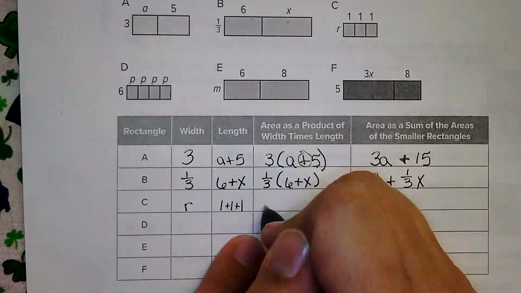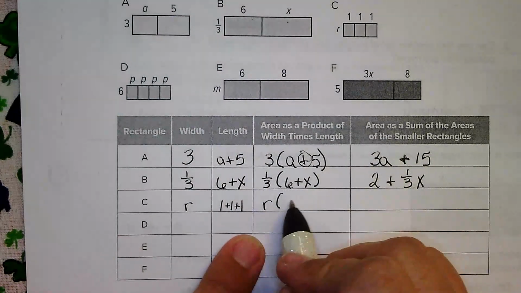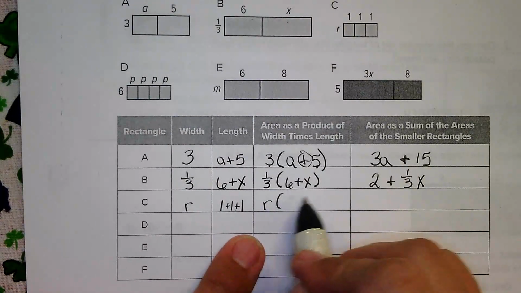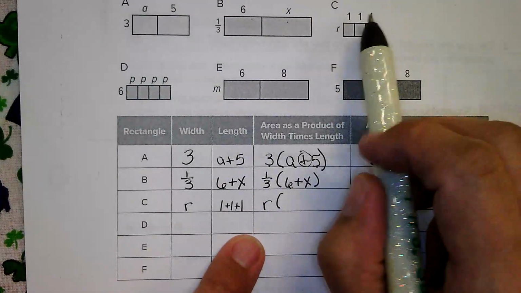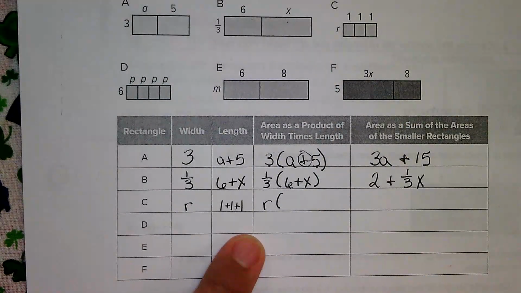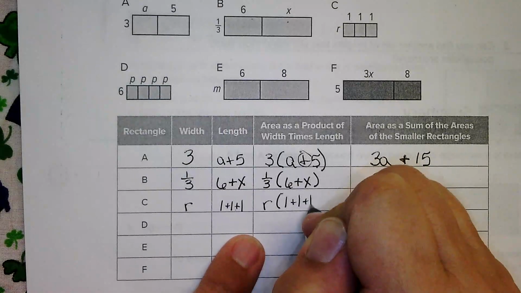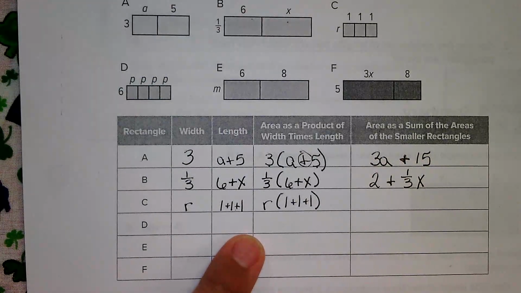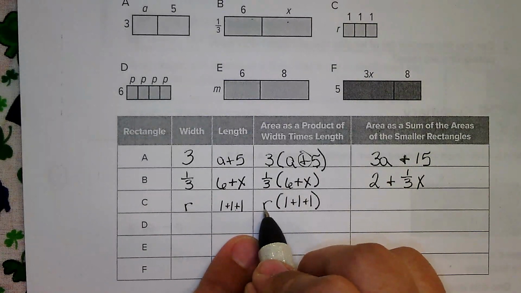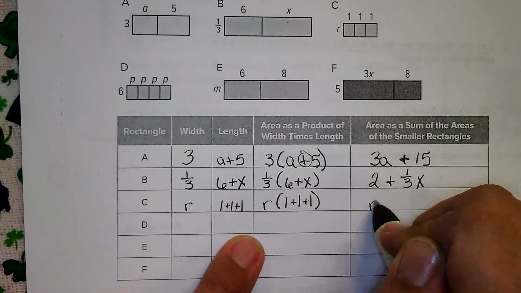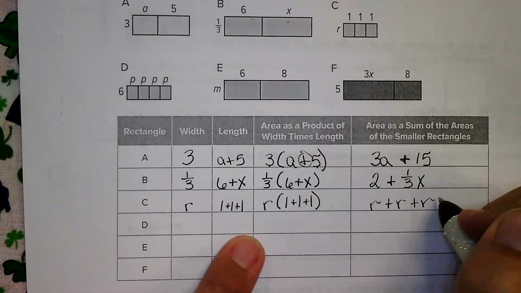Opening parentheses. Could I just write 3? Yeah, I could, but I'm going to leave it in the format they gave it to me. So 1 plus 1 plus 1, closing parentheses. When I come over here, r times 1 is just r plus r plus r.